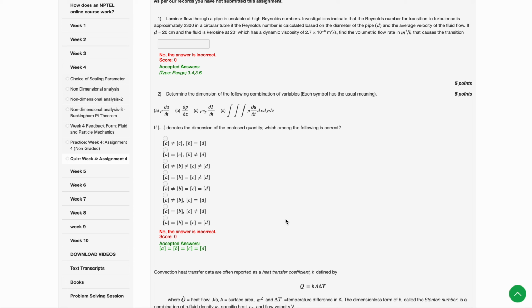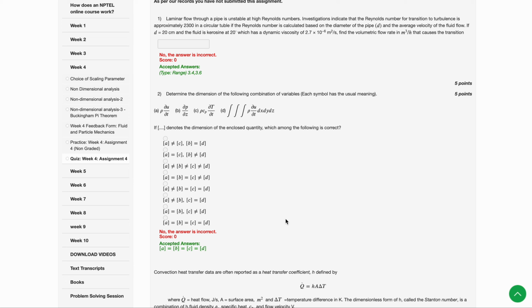Investigations indicate that the Reynolds number for transition to turbulence, let's call it Re_T, is equal to 2300.